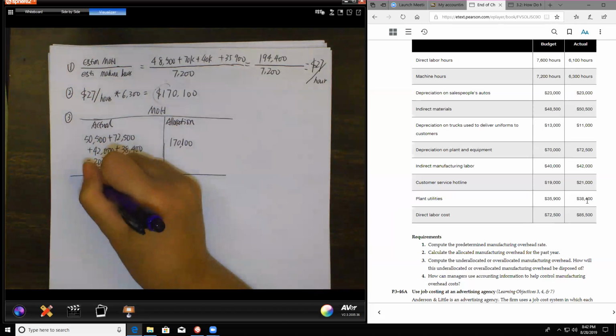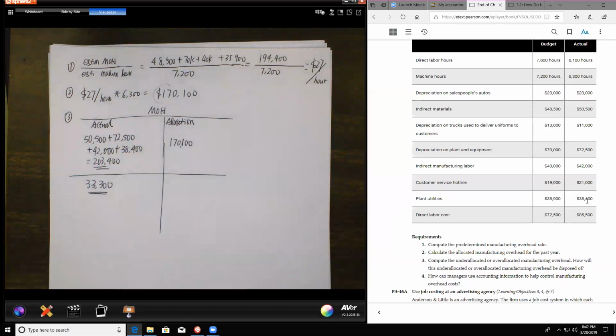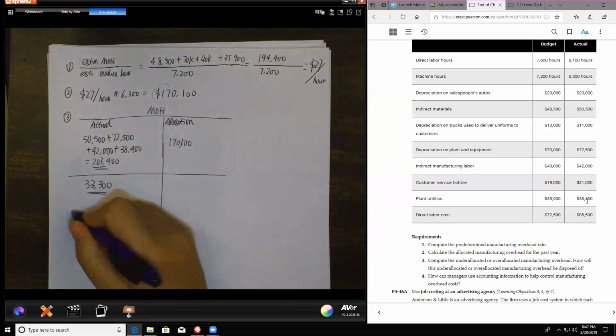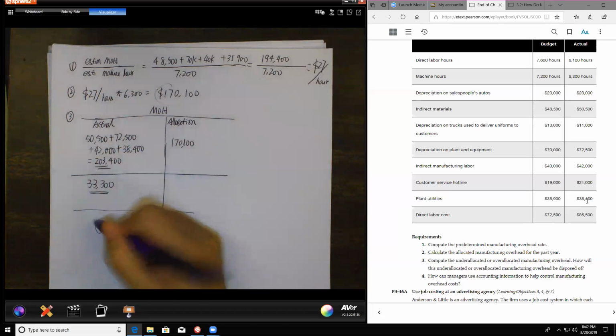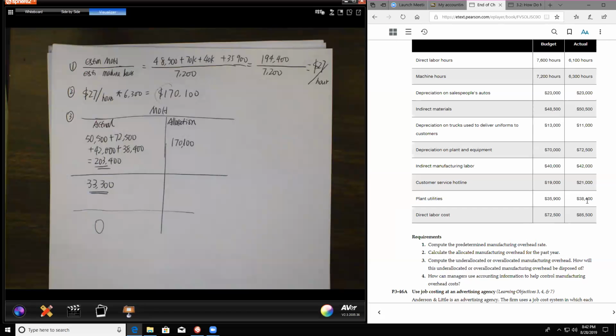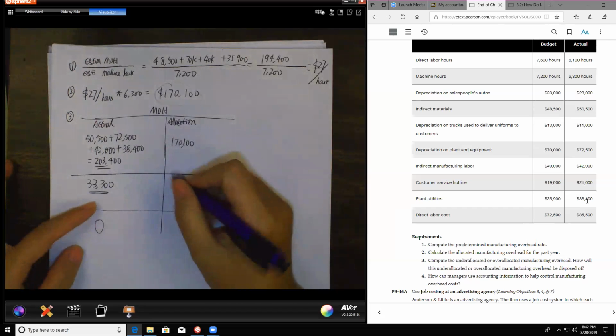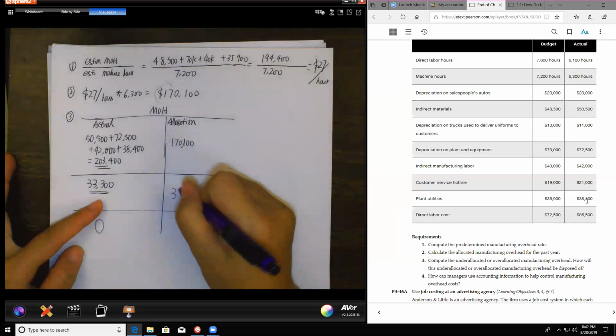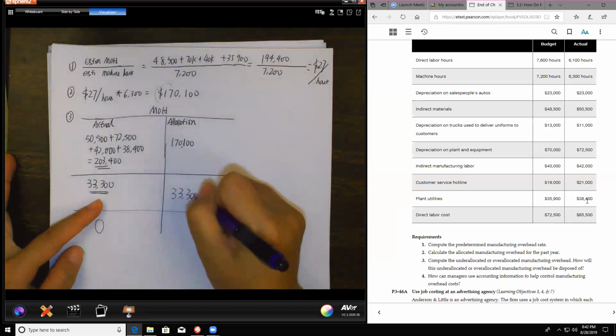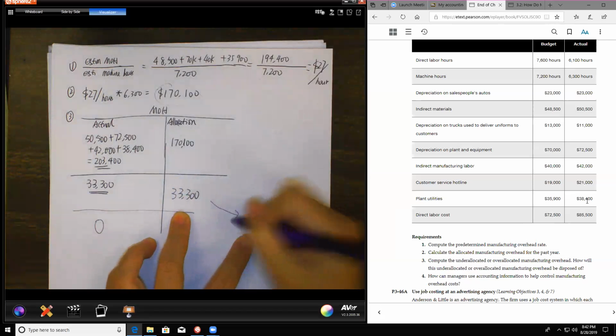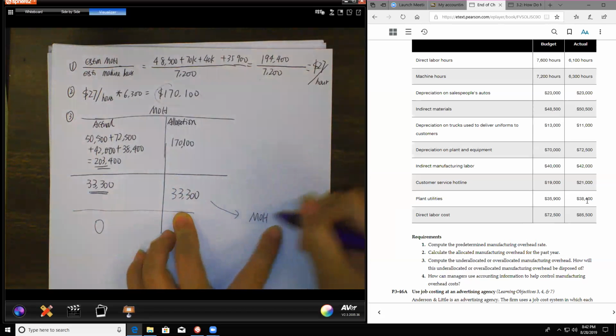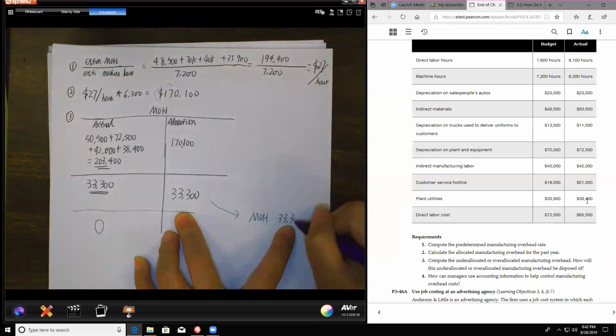So we under allocated $33,300. We want this manufacturing overhead to be zero balance because it's a temporary account. So we have to credit our manufacturing overhead 33,300.